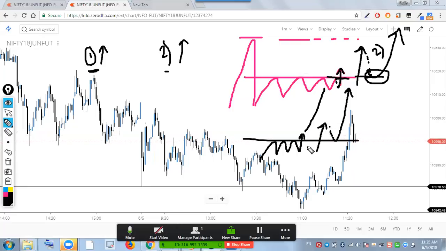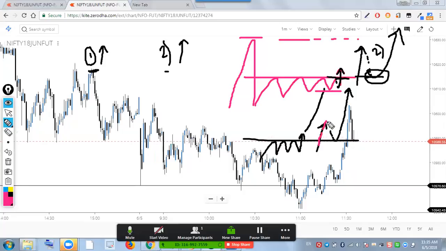So even if you capture this move up when it's just happening, in 60 to 70% of cases you won't reach the ultimate target, because it goes up some points and then gives you a pullback. So you need to capture this first breakout momentum, and the moment it reverses for a pullback, using the lower time frames, you should have your plan ready to exit.